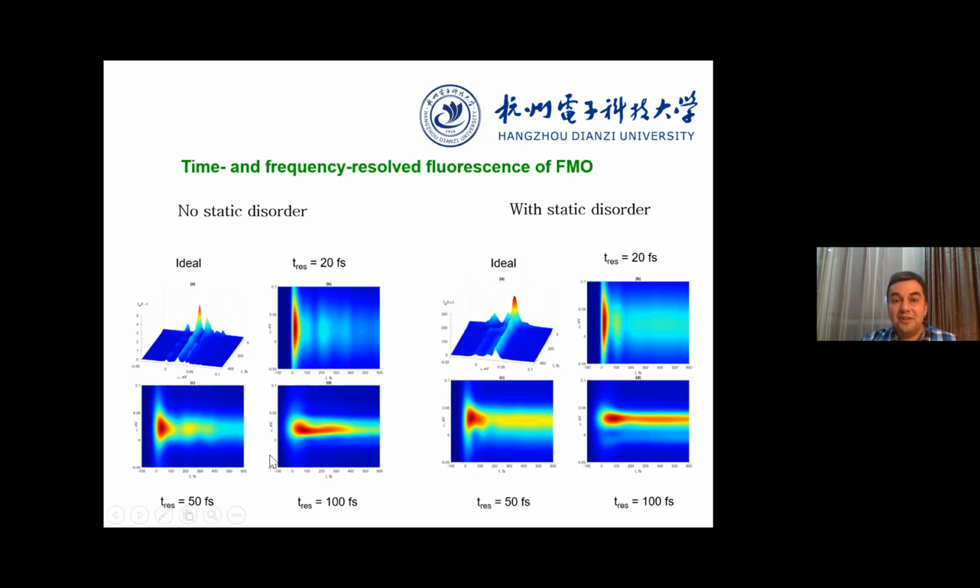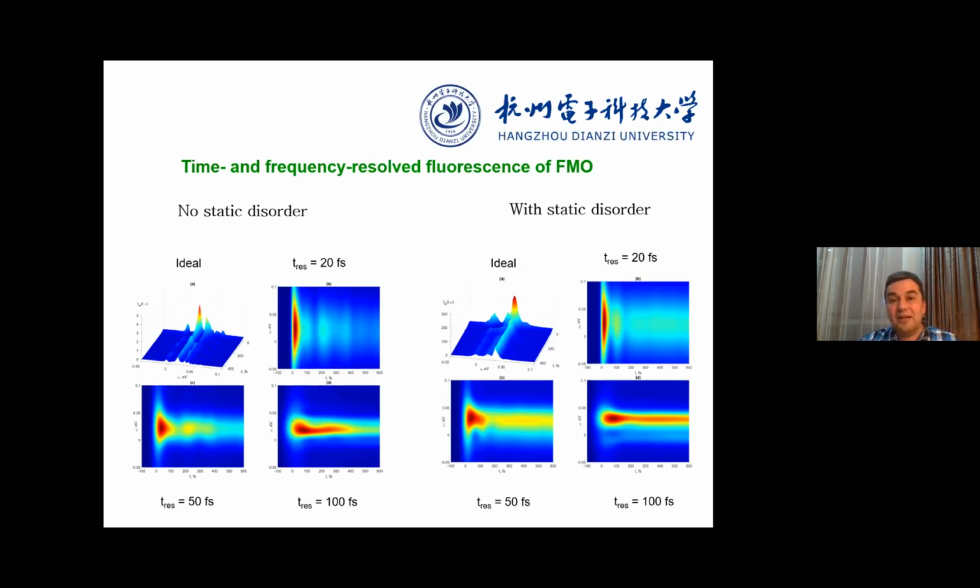And here are just 2D views of these signals. This is time, this is frequency, and the signals are calculated for 4 different time resolutions. This is the ideal one, which would be detected with perfect time and frequency resolution. But since time and frequency resolution in fluorescence are Fourier limited, you cannot get in reality simultaneously good time and frequency resolution.